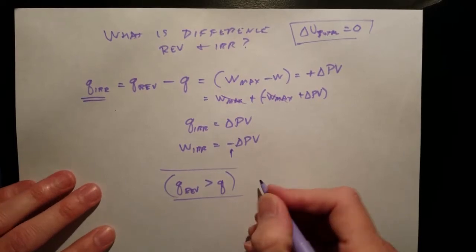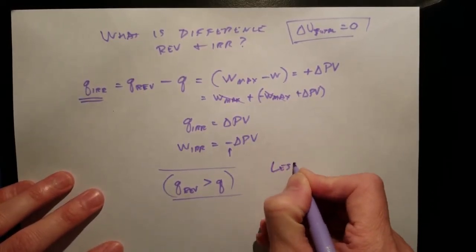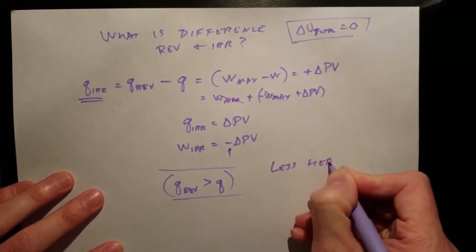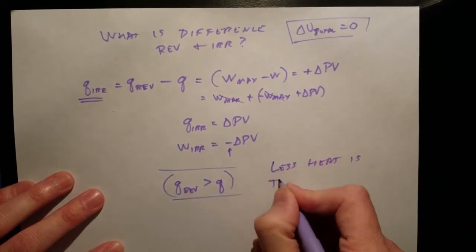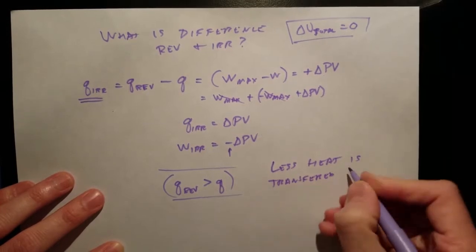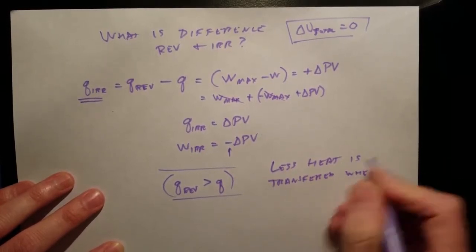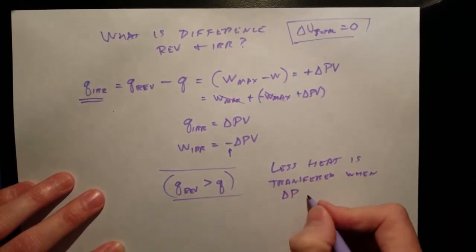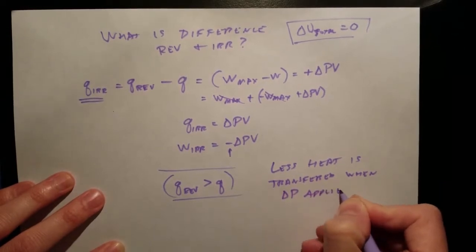And what this means is that less heat is transferred when delta P is applied.